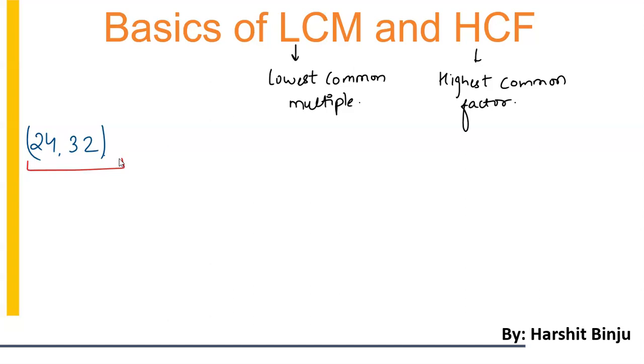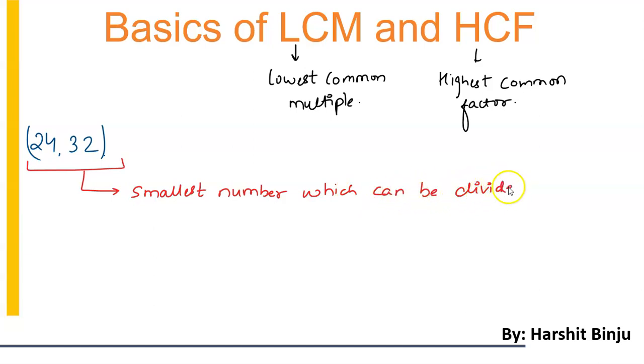What I'm asking is that you find out the smallest number which is divisible by both the numbers.